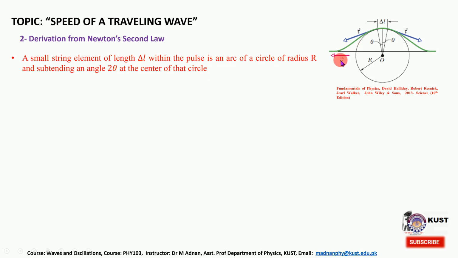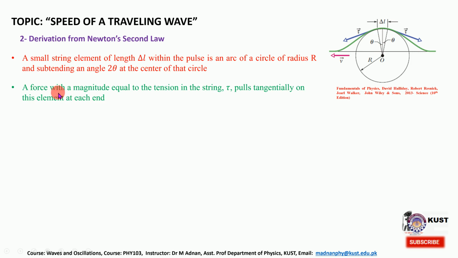Now we have taken that this portion is delta L, which is very small. It makes an angle theta such that the total angle of this arc is 2 theta. The radius of this arc is r.